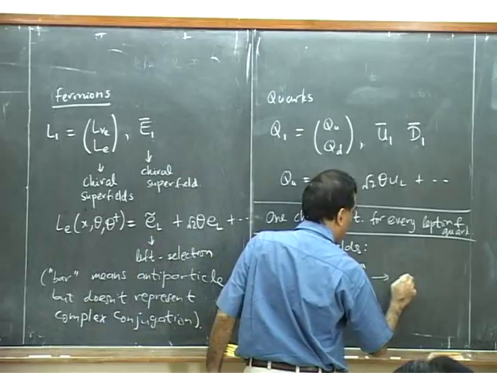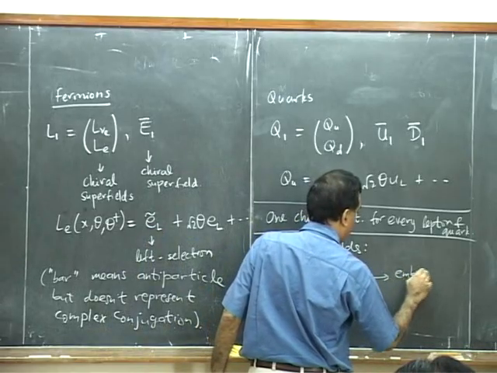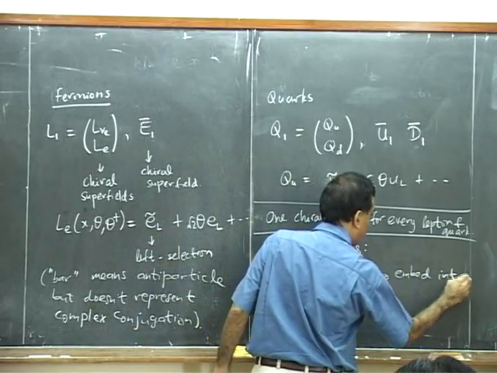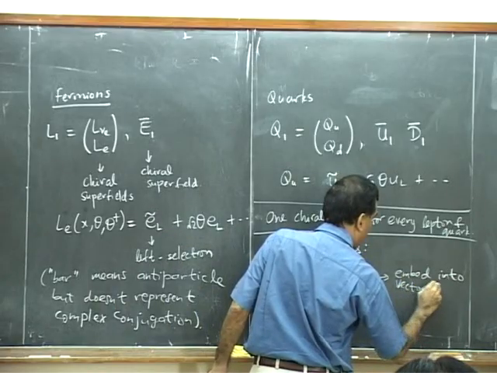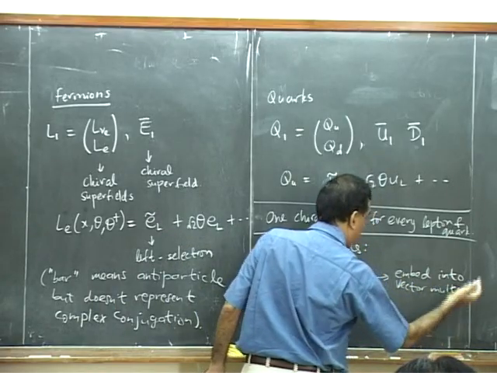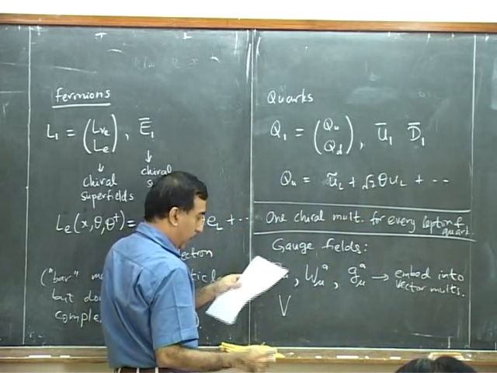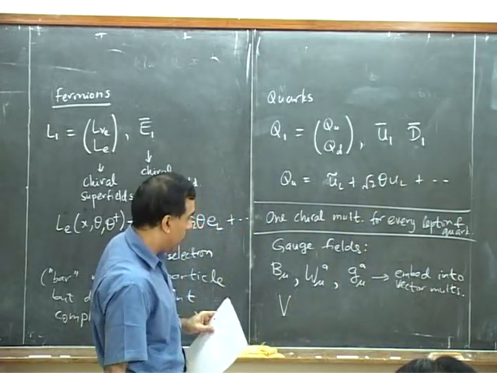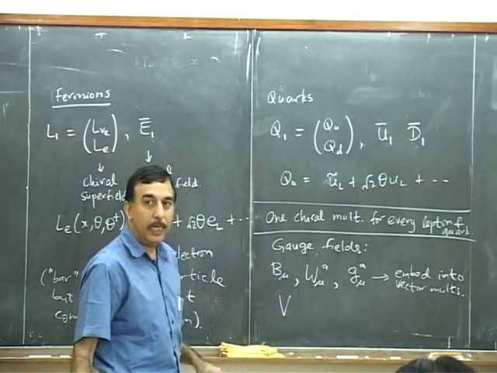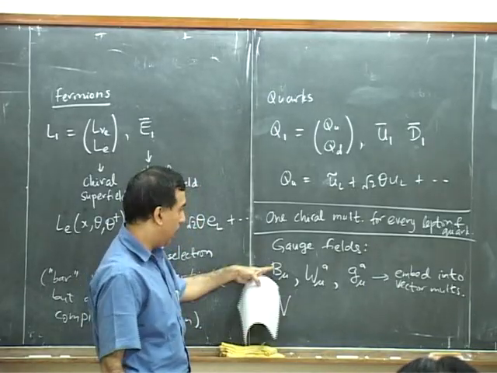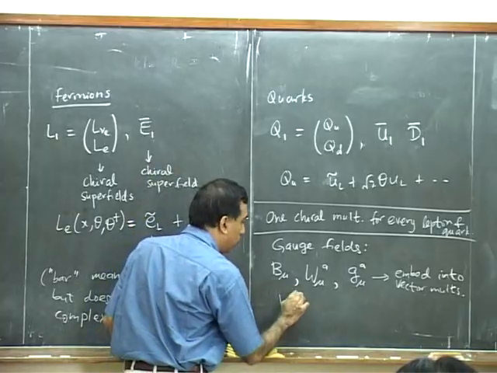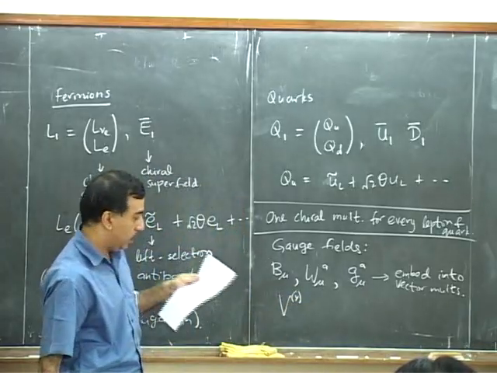So we embed them into vector multiplets, which are V. Now you can give V a subscript or superscript to indicate which gauge boson it contains, or you can just give it the superscript Y, which I like for hypercharge.